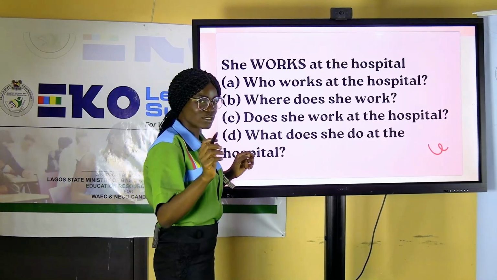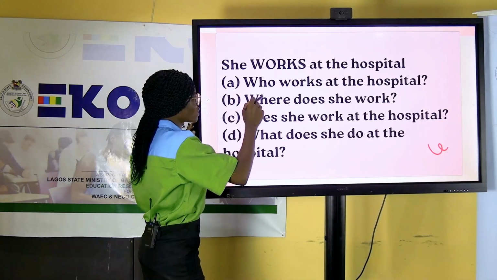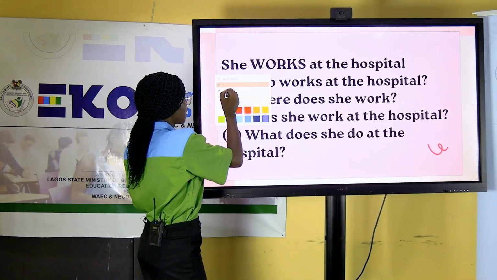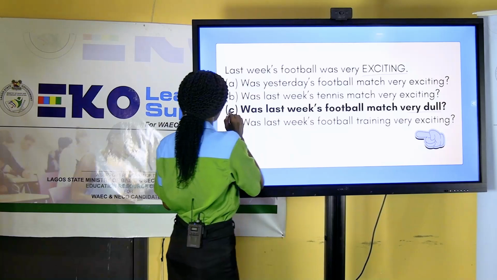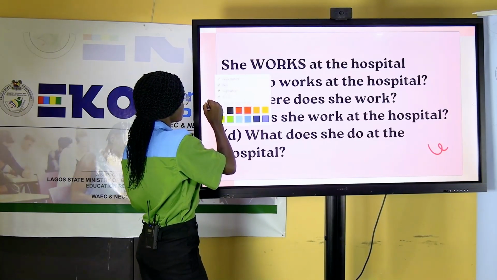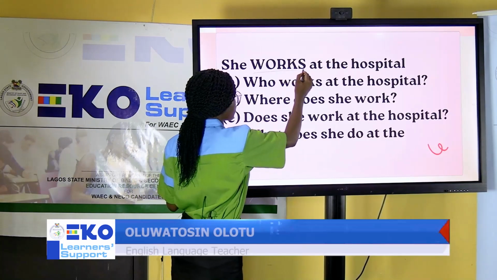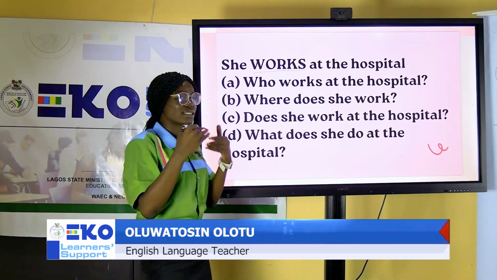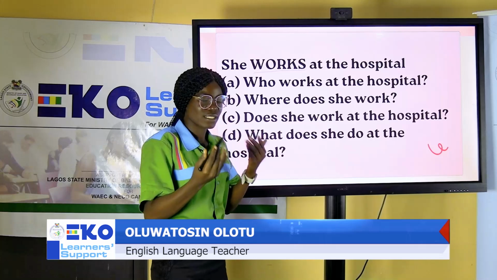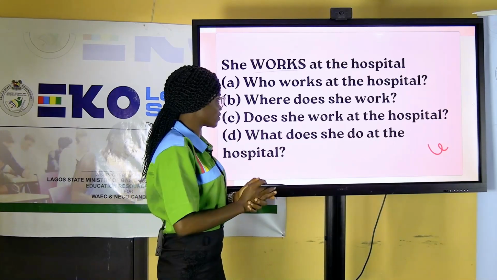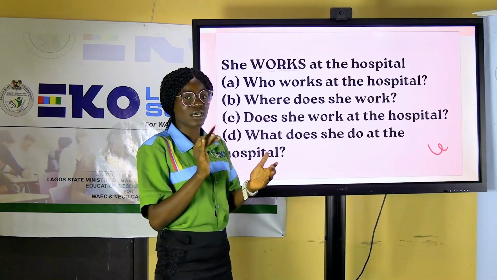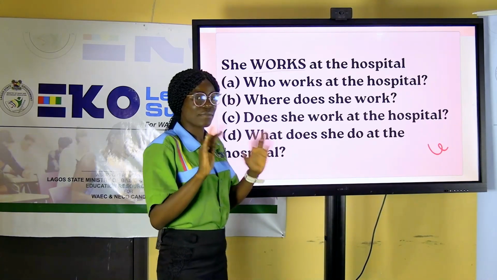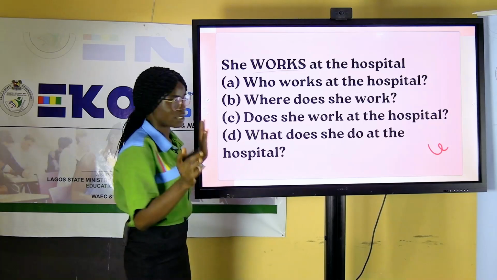When you answer this question, are you going to arrive at the emphatic stress? Are you going to get a response to the emphatic stress? If whatever response you get doesn't answer the question, that means it is not correct. So look at it, pay attention.